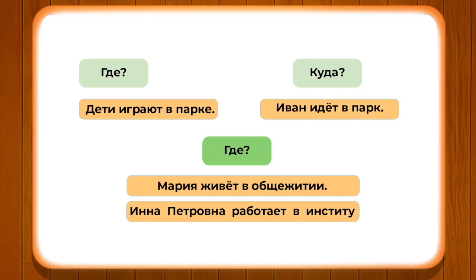If it is я, for example аудитория, it would be: Мария идёт в аудиторию. Alright, so Инна Петровна идёт куда? Она идёт в институт. Где она работает? Она работает в институте. Где Мария живёт? Она живёт в общежитии. So this is the basic difference. You can pay attention to how we have constructed these sentences based on the usage of где or куда.